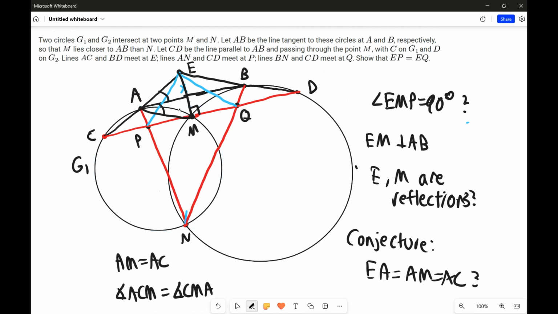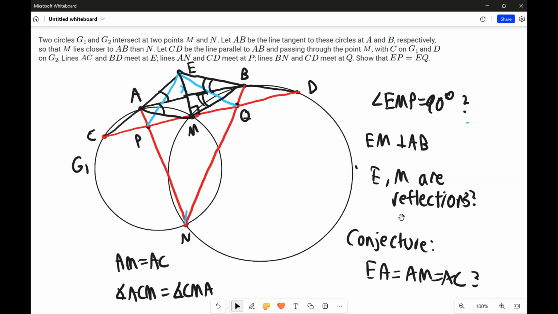These two angles are equal. Similarly, these two angles are equal. And by ASA congruence, these two triangles are congruent. And consequently, that implies that EA is equal to AM and EB is equal to BM, and therefore M and E are reflections across each other.